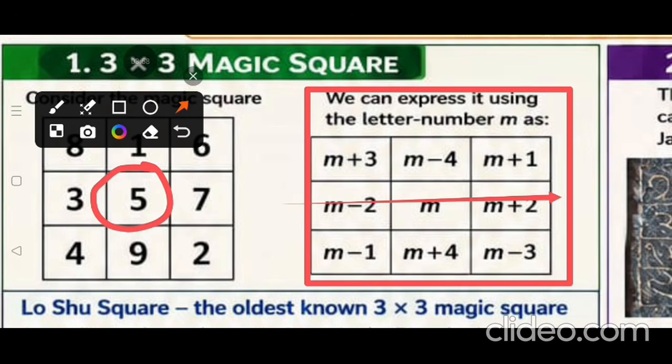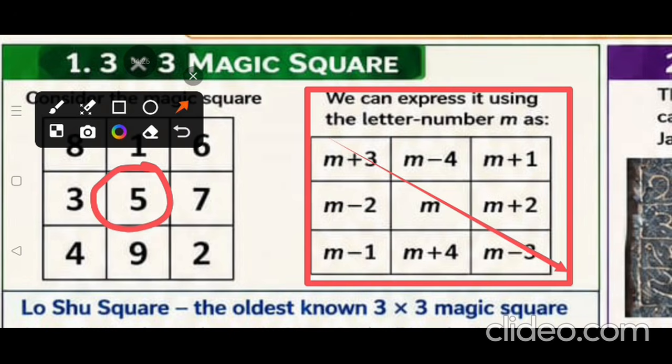So this is the rule to make a magic square of a 3 by 3 grid. The middle number is m, and if you are taking the left top diagonal number as m plus 3, then the right bottom diagonal number is m minus 3. So what we are observing is that the sum is 3m.